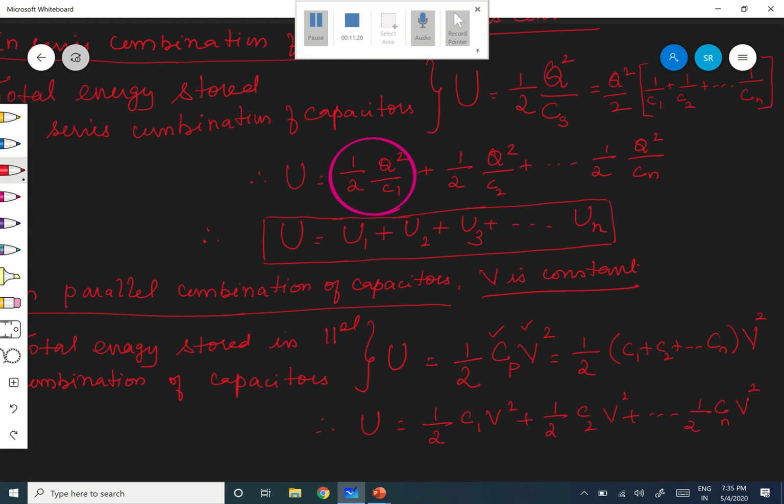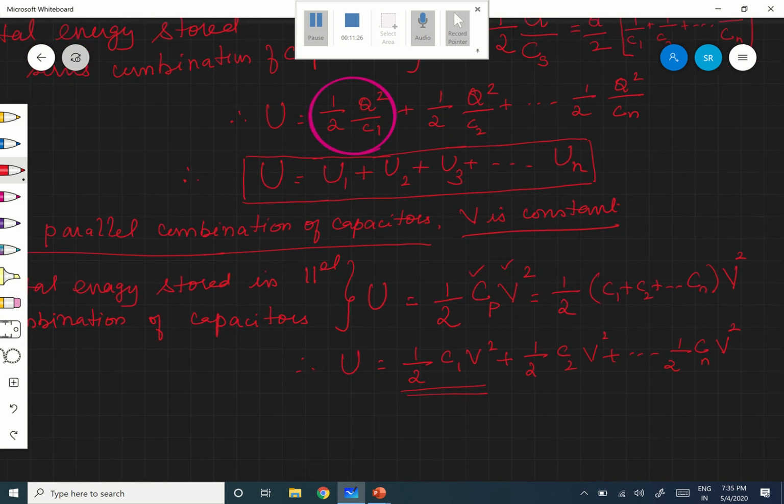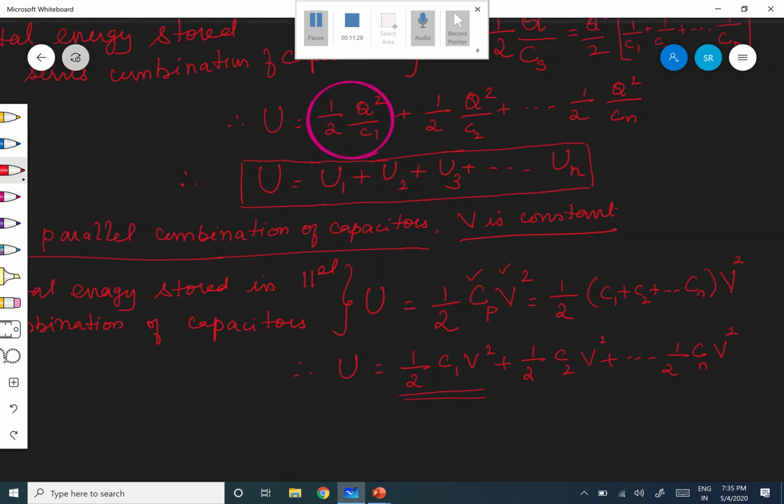What is half C1 V squared? It is the energy stored in the first capacitor, this is the energy stored in the second capacitor, and this is the nth capacitor. Therefore, U is equal to U1, the energy stored in the first capacitor, plus U2 plus etc. Un.